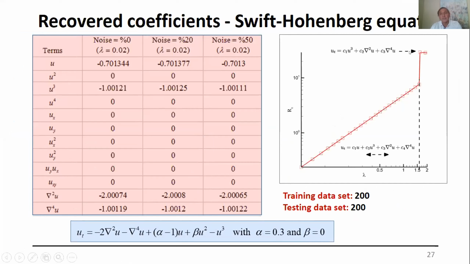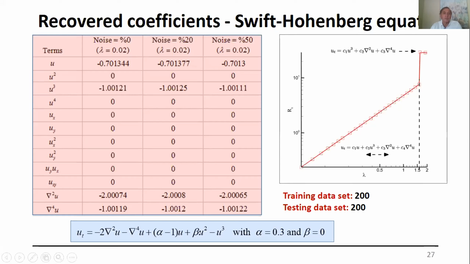And as you can see here, after this jump here, the form of the partial differential equation is different, it reduces. And these are the terms that we considered in the feature matrix, and it successfully captures the coefficients. So for example, even with 50% noise, you get all of these coefficients rather accurately.